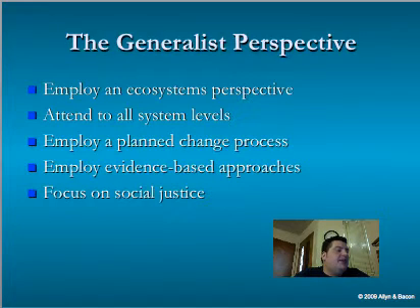The generalist framework allows that person to employ an ecosystems perspective, which is what we just covered, where we try to change the person's environment in order to affect a change for the person. This is done by the following levels of intervention.